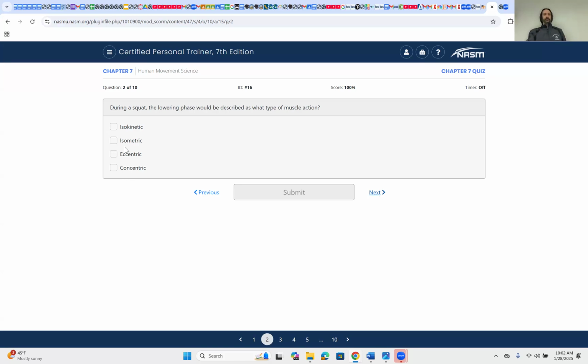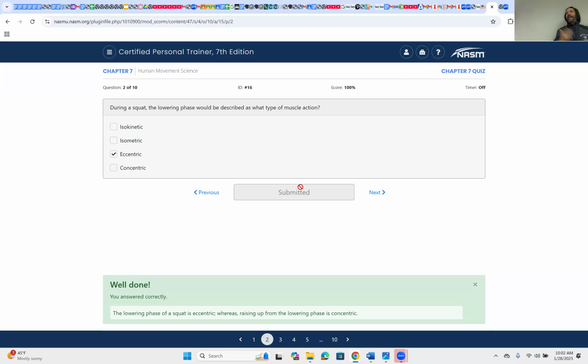Good job. Why is it eccentric? Concentric is shortening, right? Eccentric is still contracting, but it's more of a lengthening. It's working, but it's not working as hard.